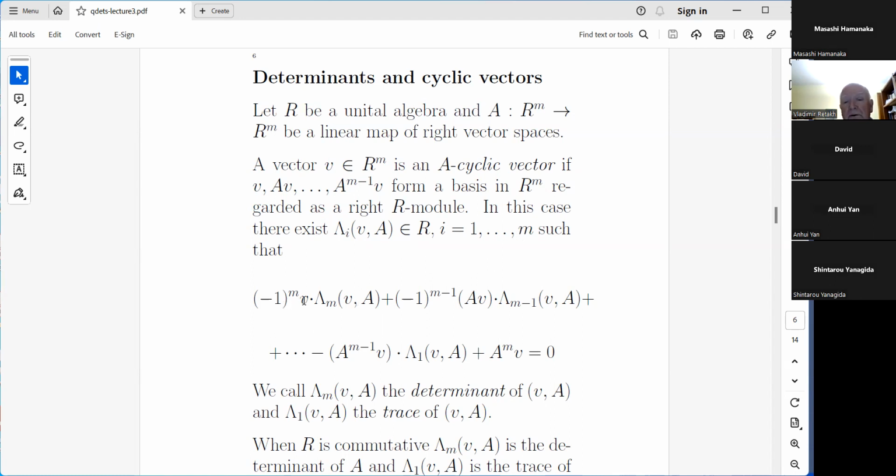They are written here, and I assume that the coefficient for A^m V is 1.